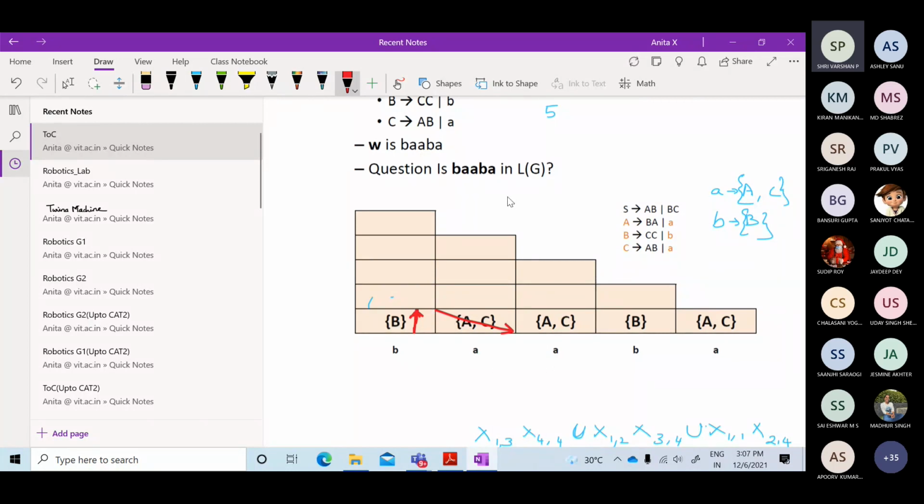So what I am going to do is take a cross product of these two. So B, A, comma, C. What will I be getting? BA, comma, BC. I am going to check for the productions which derive BA and BC. What are the productions which derive BA and BC?